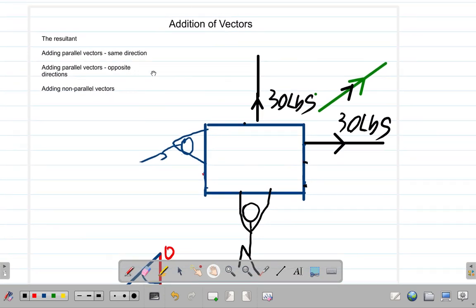If they point in the opposite direction, if they're going left and right, horizontal, you generally consider one going to the right as positive, the one to the left as negative. They're going up and down, the one going up is positive and the one going down is negative.